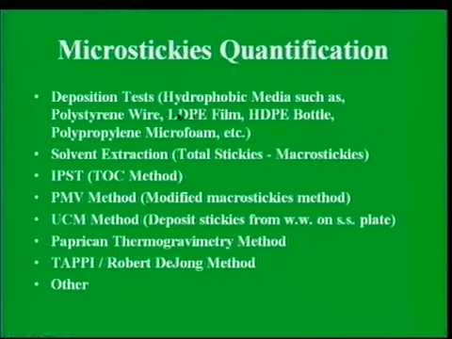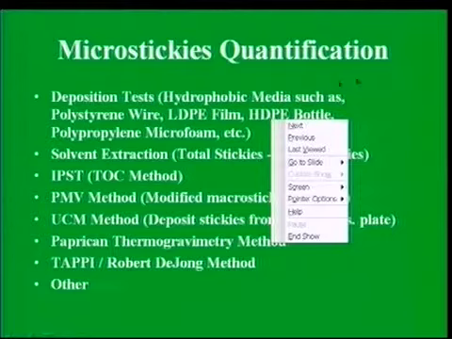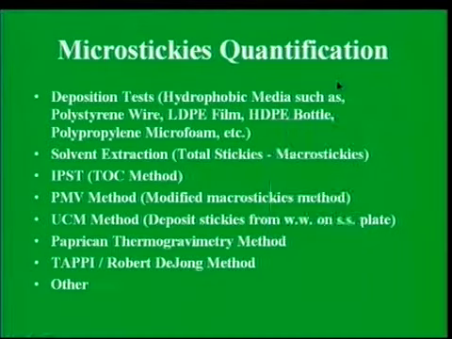So various methods for measuring the concentration of microstickies include the deposition test that we just described using hydrophobic media such as polystyrene wire used in paper machine, low density polyethylene film, high density polyethylene bottle, and polypropylene microfoam. In addition to that, people have used the solvent extraction method.